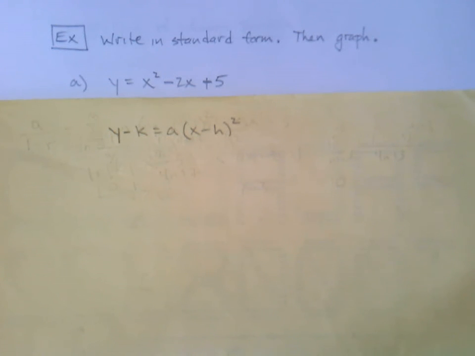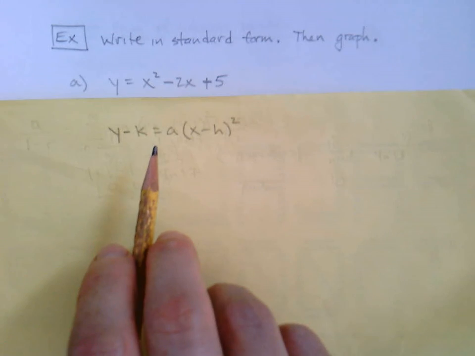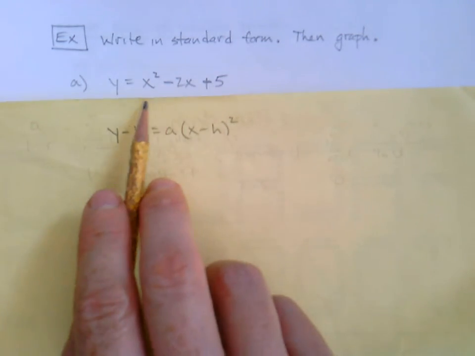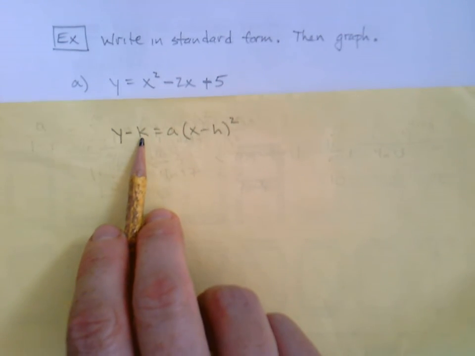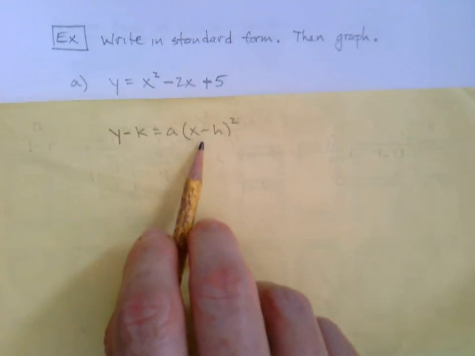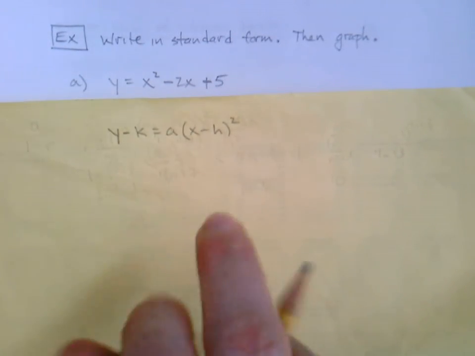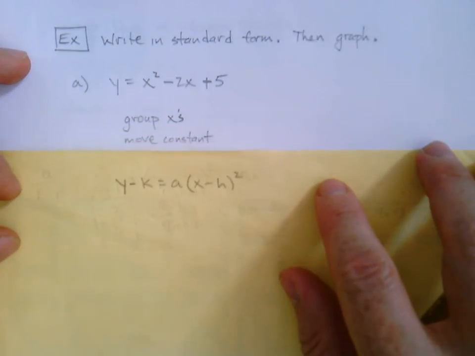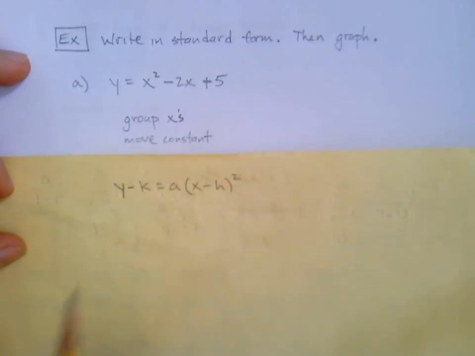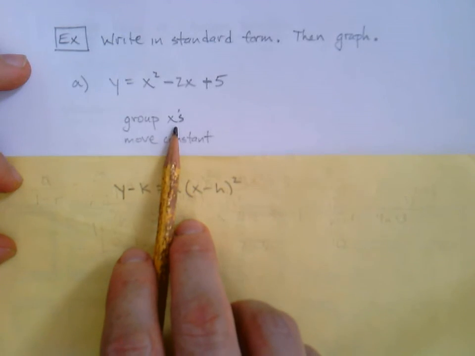Very similar steps to the way we did it with circles. We're going to need to complete the square. Also at the beginning, we're going to need to move that 5 to the other side. That's going to start to work towards the k, and then what's left with the x's, we're going to start to work towards this. So here are my steps. Just to re-emphasize that, we're going to group the x's.